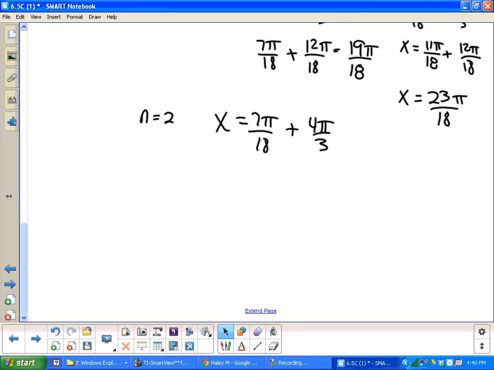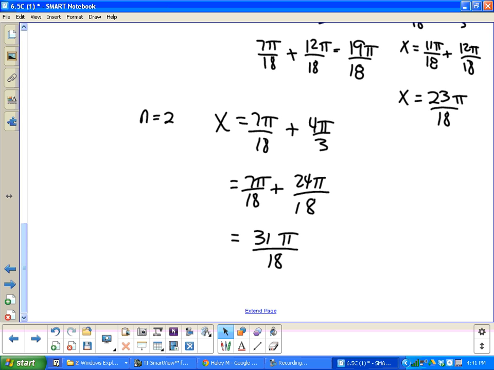Now we can just punch in 7/18 plus 4/3, but I'll be hard-headed and do it out like this. 3 times 6 is 18, 6 times 4 is 24. And so now we get 31 pi over 18, which is still less than 2. I thought it wasn't going to work, but n equals 2 works. I got a lot of solutions on this one.